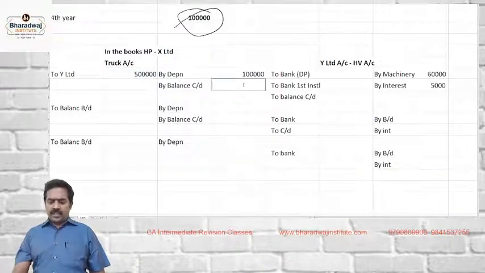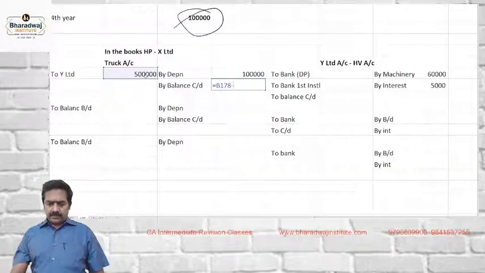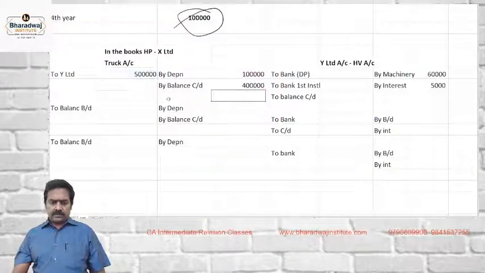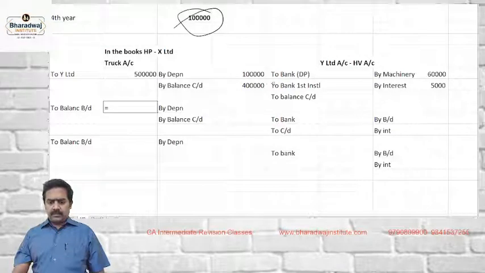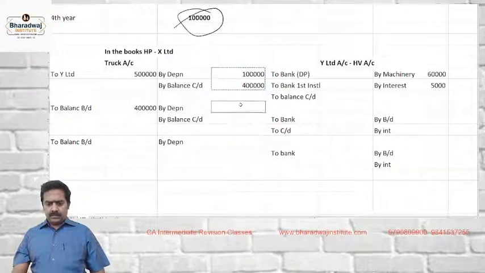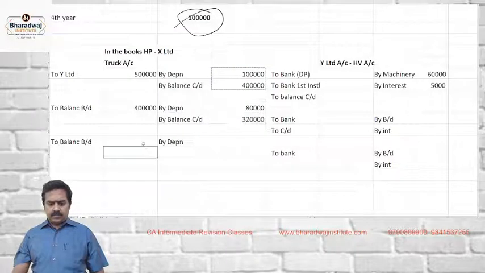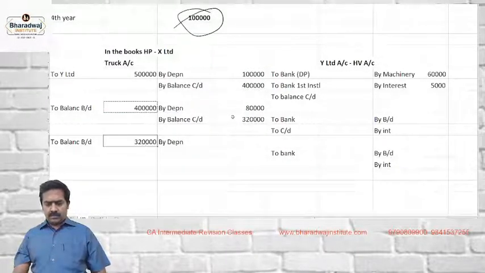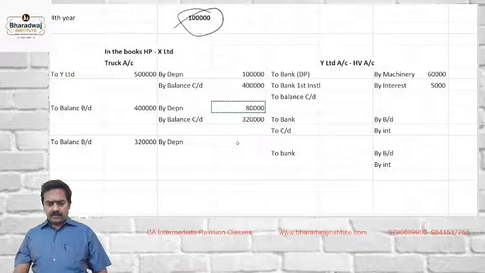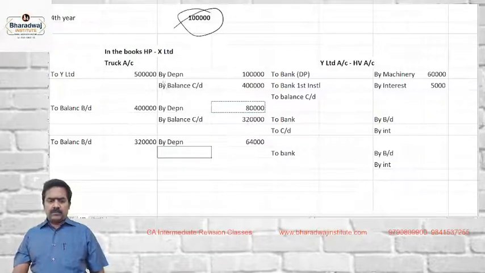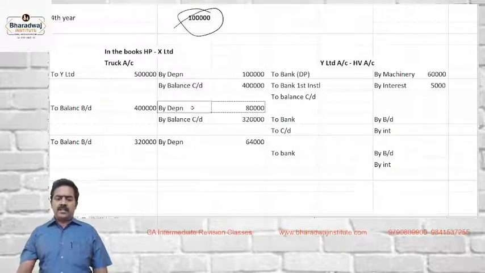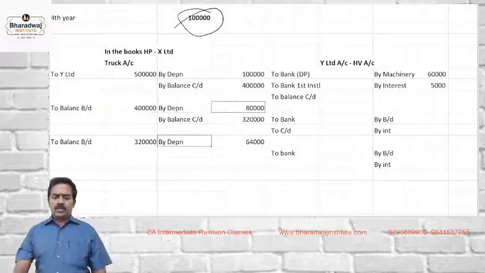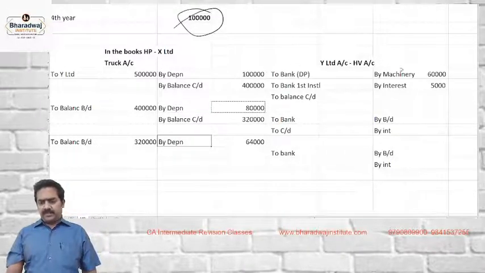So let us work out as per WDV. Don't close the books of accounts for the third year because assets are repossessed.